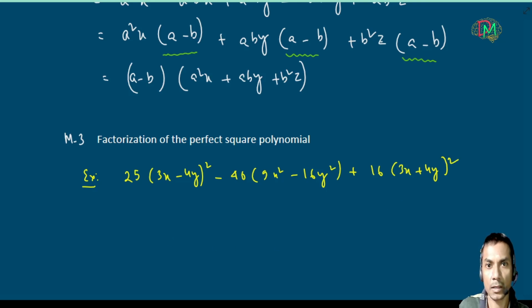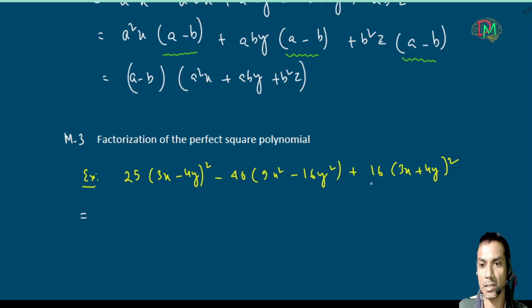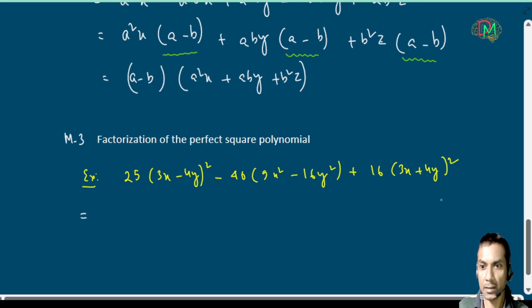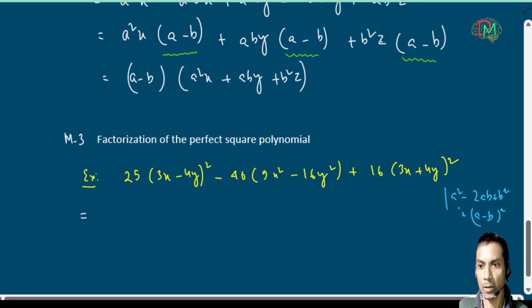How can you do that? Here we easily find that 25 is a perfect square number, and 16 is also a perfect square number. So we can apply the algebraic identity a square minus 2ab plus b square equals (a minus b) whole square. By looking at the problem, you can easily identify this.